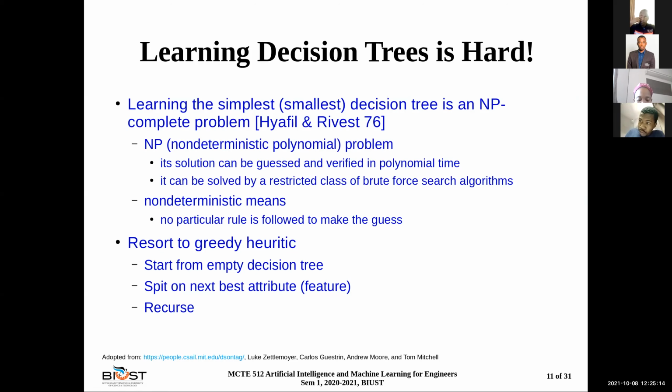So if it's an NP problem, it means that it can be guessed. There's no particular rule that can be followed to make the guess to find the solution for that problem. Okay, that is the NP problem. For NP-complete, what is the difference between an NP problem and an NP-complete problem?